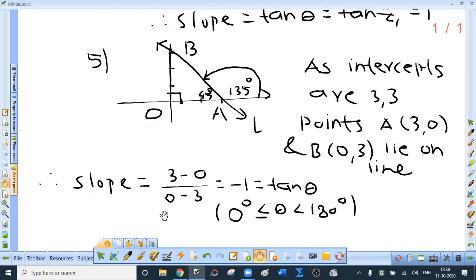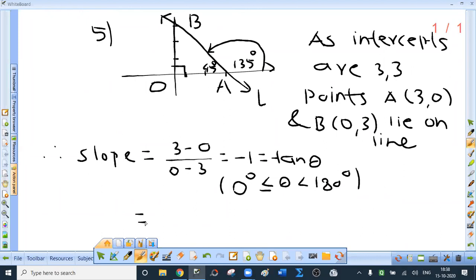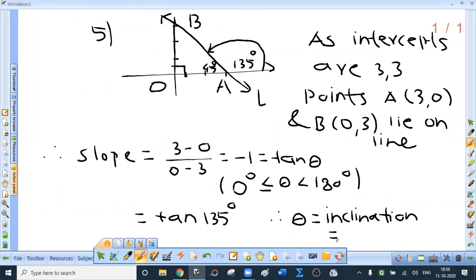Okay. So the next step, this is nothing but tan 135 degree. Why is tan 135 minus 1? So theta is the inclination, I'll explain that, equal to 135 degree. You can convert this to radian also. So that is 3 pi upon 4. Now what is the reason?